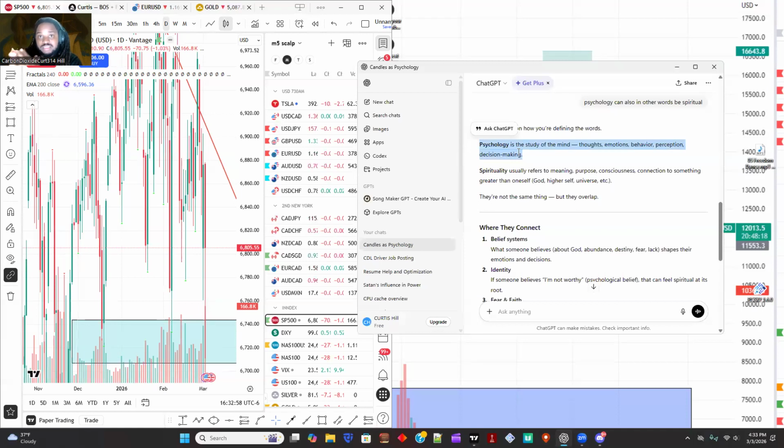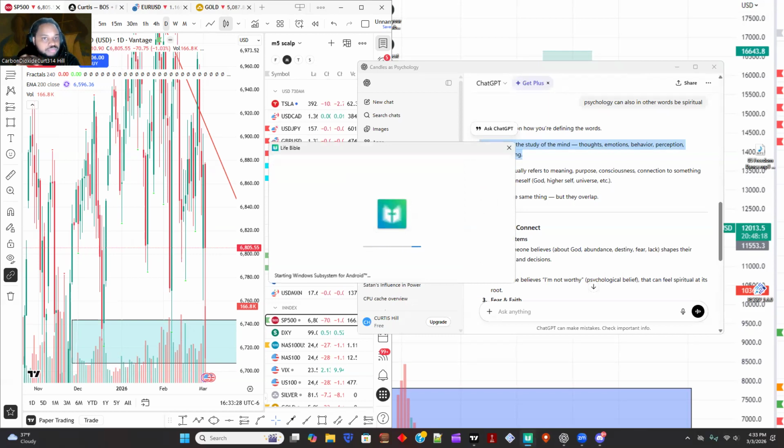The spirits that are on you, whatever that be, the spirit of pride, the spirit of covetousness, or good performance spirits, or whatever those things are that's on us, they control your thoughts, emotions, behavior, perception, and decision making. So the psychology part is the effect. The cause is the actual spiritual part.